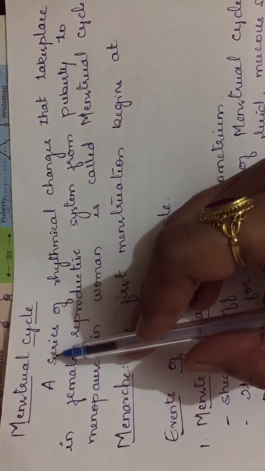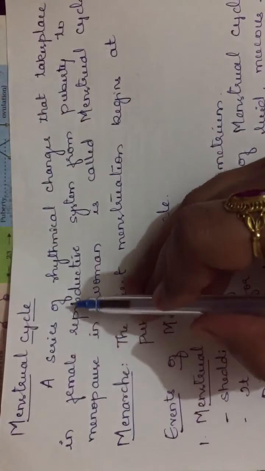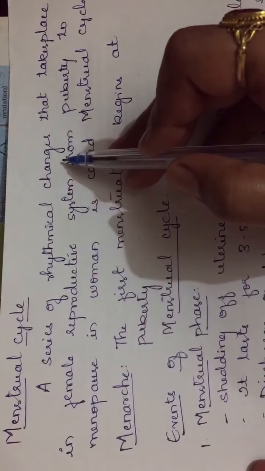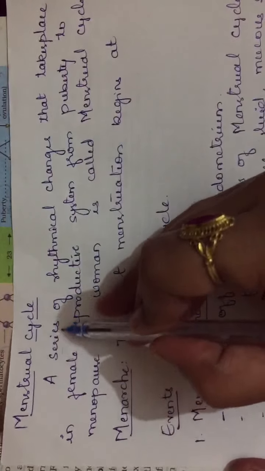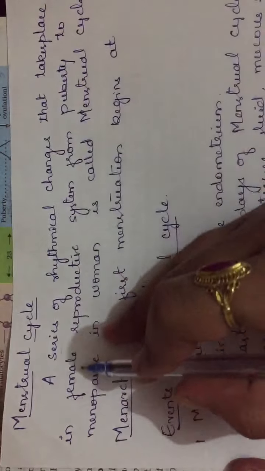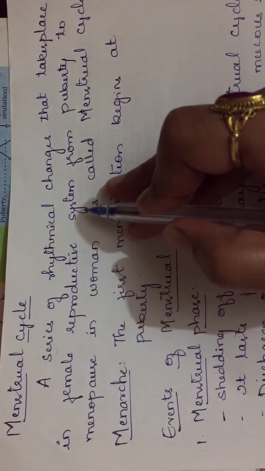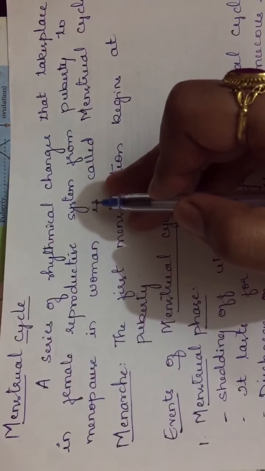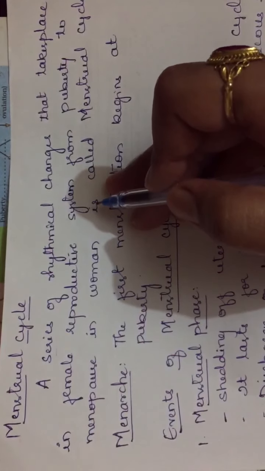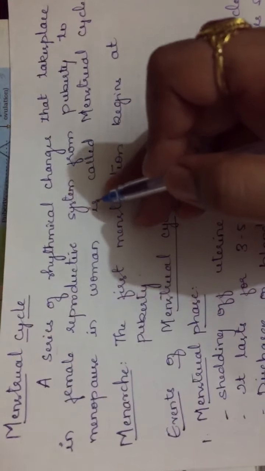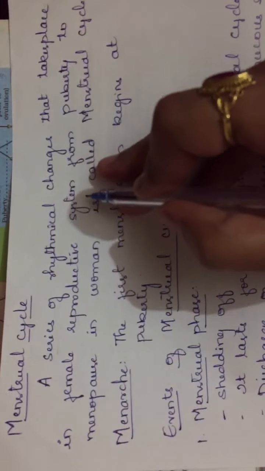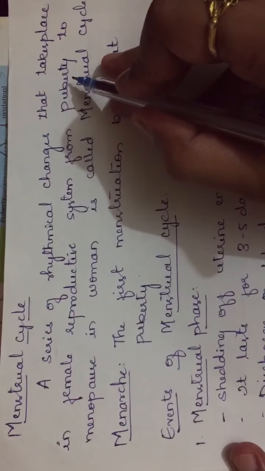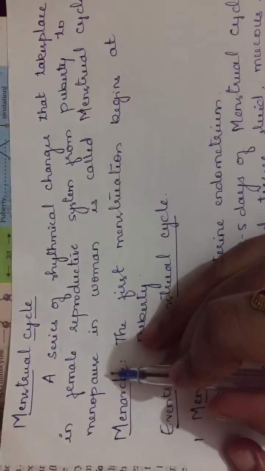About the menstrual cycle we shall discuss in detail in the notes which I have prepared here. The menstrual cycle is a series of rhythmical changes that take place in the female reproductive system from puberty, that is from maturity, to menopause.